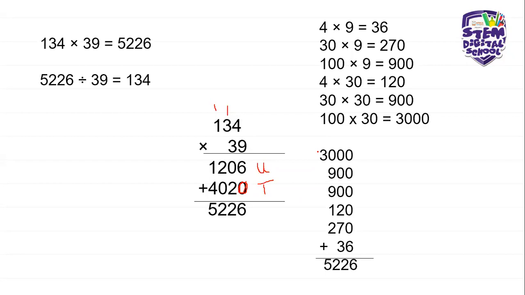And then, hold on, sir. Yes. So then I said 2 plus 3 there is 5. And my final answer is 5,226.